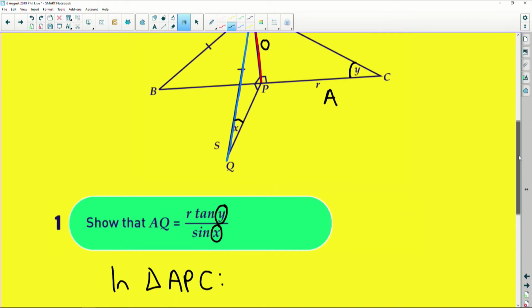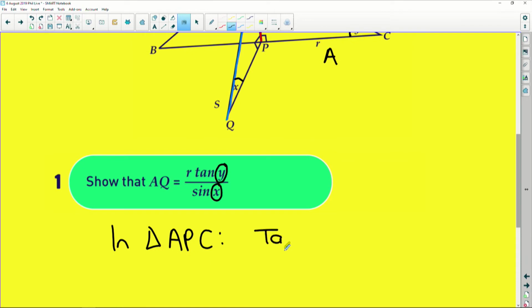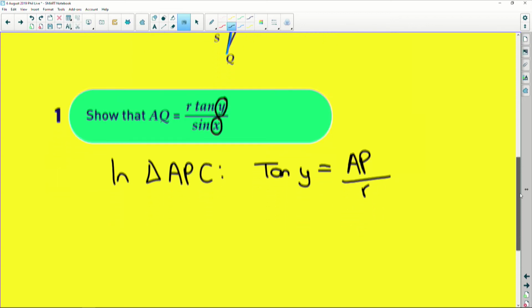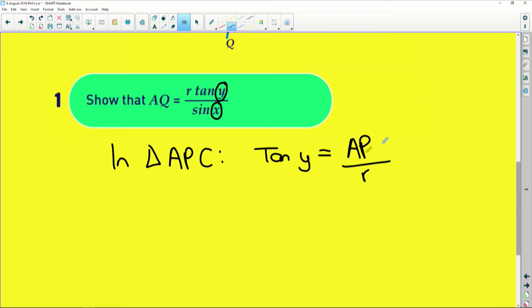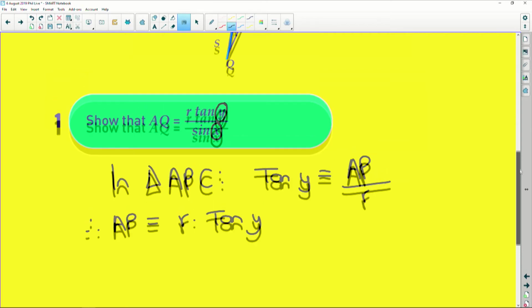Tan. So tan of Y is equal to opposite over adjacent, which is AP divided by R. Manipulating it in terms of AP, AP is equal to R multiplied by tan of Y, because you multiply both sides by R. That's in the first triangle.